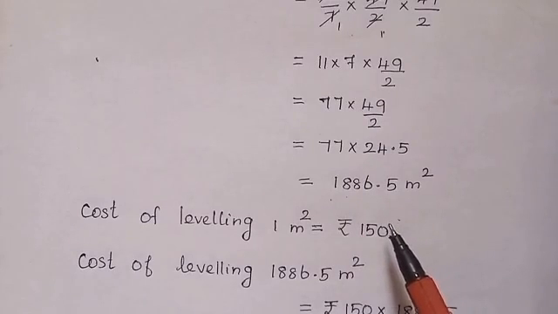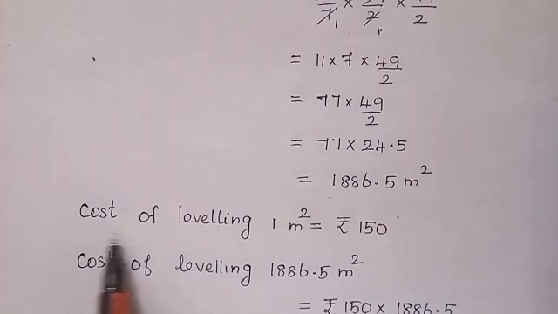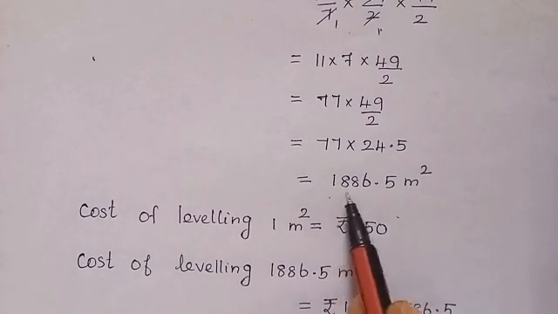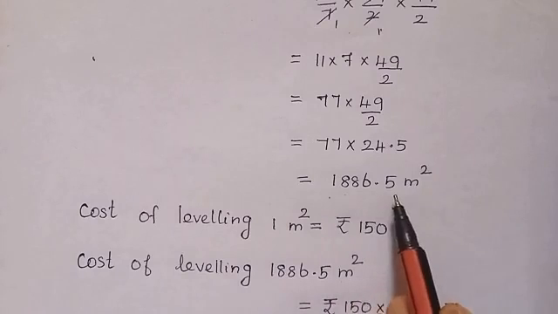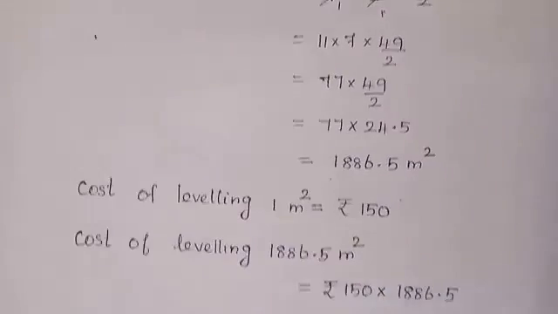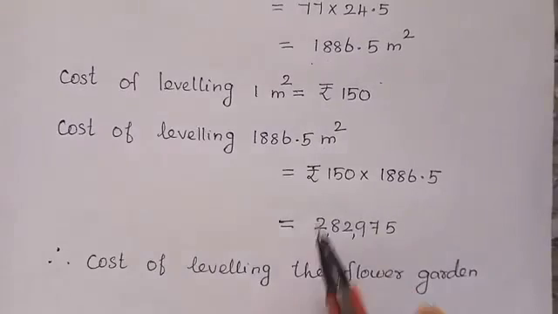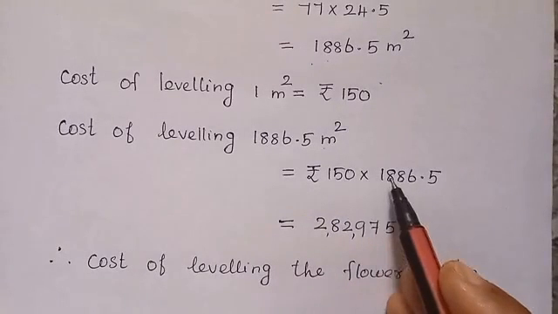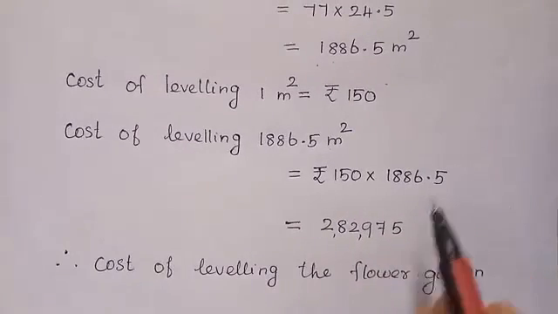What we have to find out? Cost of leveling the garden. So, what is given? Cost of leveling 1 meter square rupees 150 is given in the question. Now we are going to find out cost of leveling 1886.5 meter square. For that, multiply 150 into 1886.5.